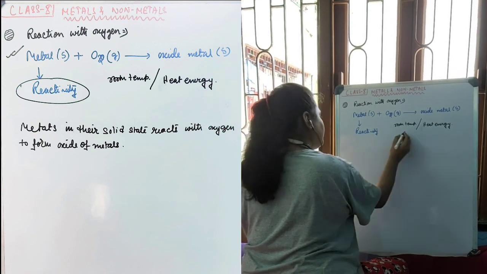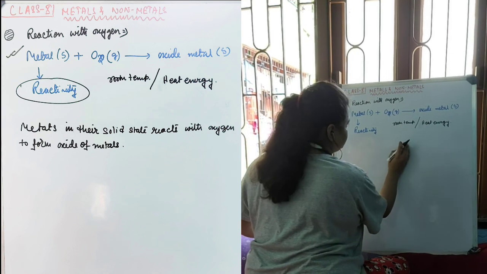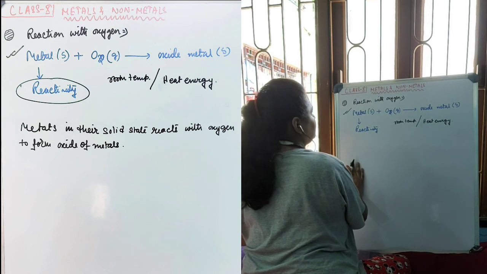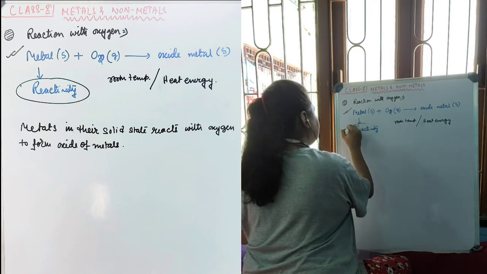There are certain metals which do not react at all with oxygen to produce oxides of metal. So this entire reaction of metal with oxygen depends on the reactivity of the metal.